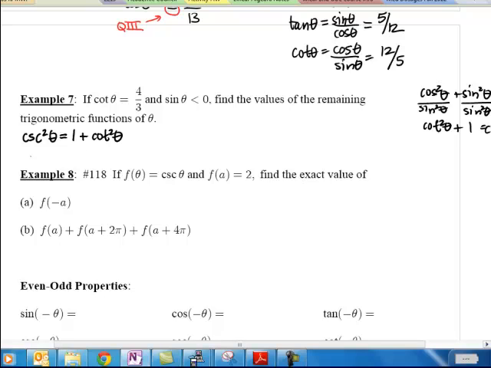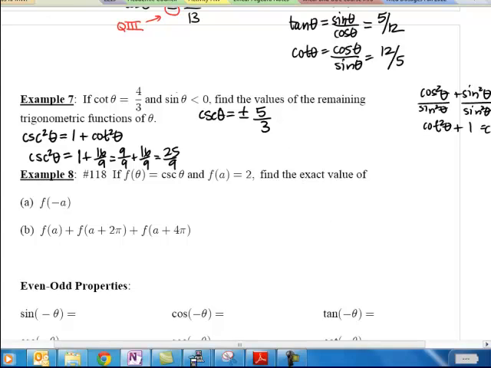So in this case, cosecant squared is 1 plus 16/9. So 9/9 plus 16/9 comes out to 25/9. So we've got cosecant is positive or negative square root of 25 over 9, which would be 5/3.